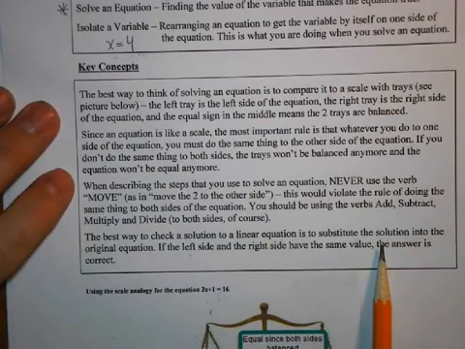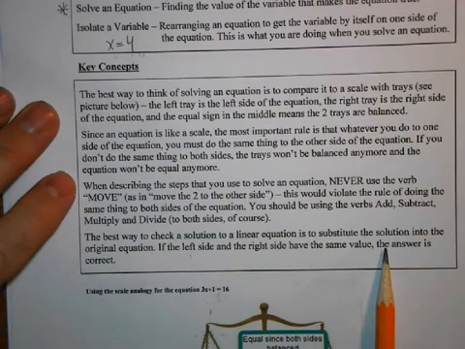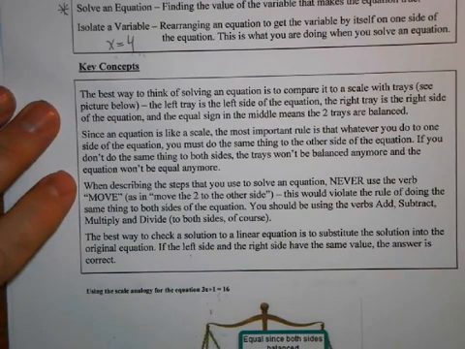And then you figure out what the left side is equal to, what the right side is equal to, and hopefully both sides are the same. If they are the same, that means your answer was correct. If the two sides are different, that means something went wrong. Probably you have the wrong value. Maybe your check was wrong.